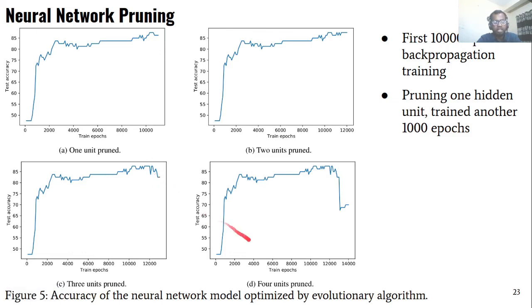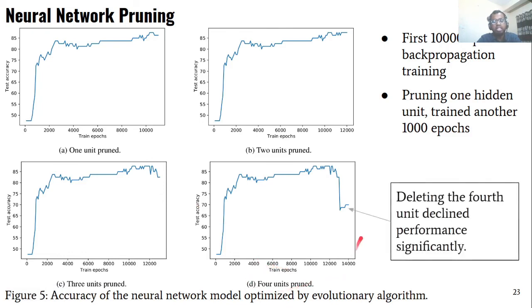And specifically, when the 4th unit is pruned, its performance decreases significantly. So of course we can say that 2 hidden units can be deleted here without any tension, and the 3rd hidden unit can also be deleted from here as well. Performance is reduced slightly.